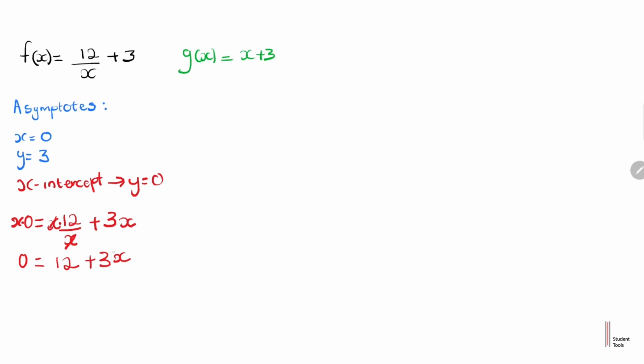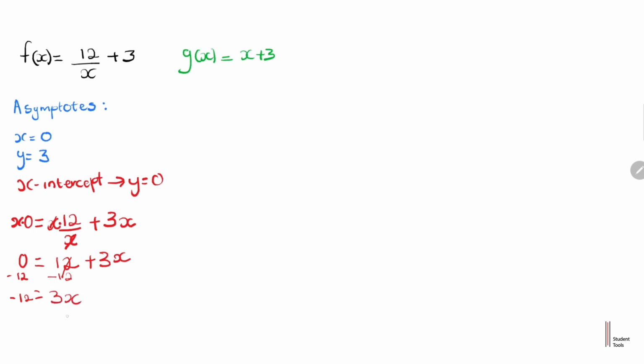To make x the subject, we have to take 12 from the right hand side to the left hand side. So we'll do that by subtracting 12 and also subtracting 12 here. So this will be 0, such that negative 12 equals 3x.